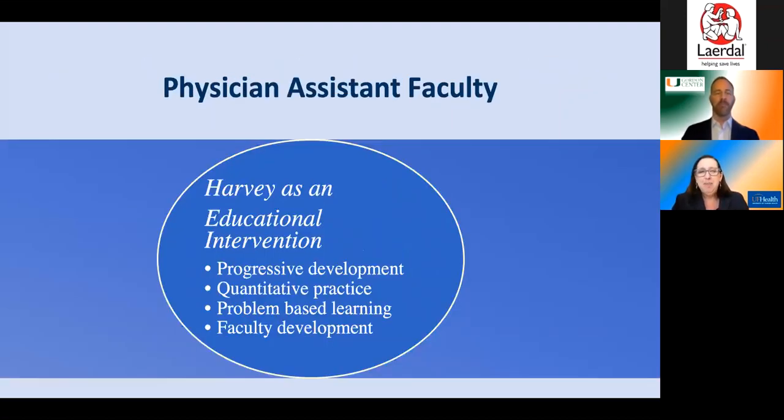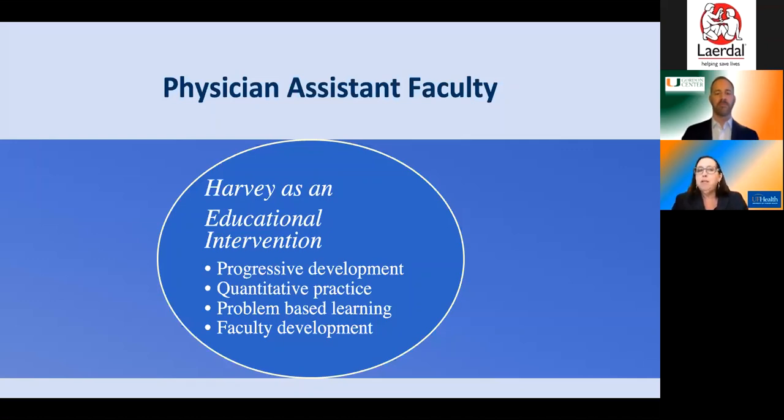Thanks. Next slide, please. So how do we get our PA faculty on board, or those of you who teach PA students and would likely need the support of PA faculty? One of the things we talked about a lot is the progressive development of the student. We already have the manuals available and developed to assist you in developing the architecture that's best for your group of PA learners.